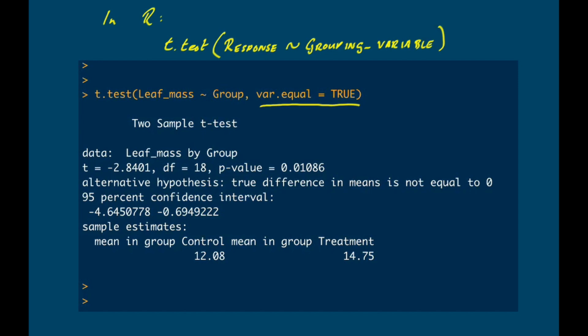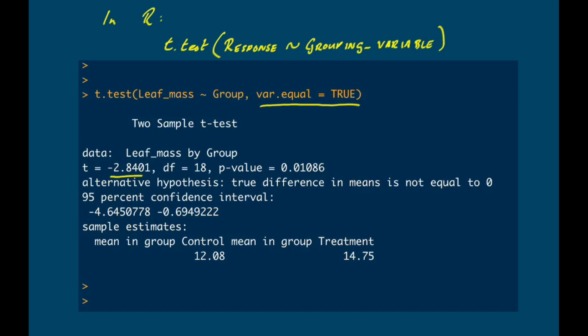Quite a lot of the time that's not the case, and the next example I'll show you of doing a t-test in R takes that into account. But this example with the argument var.equal equals TRUE is the classic two-sample t-test, and what you can see is that the numbers here, give or take a little bit of rounding error, are the same as the ones we just calculated. We've got a t-statistic of 2.84.